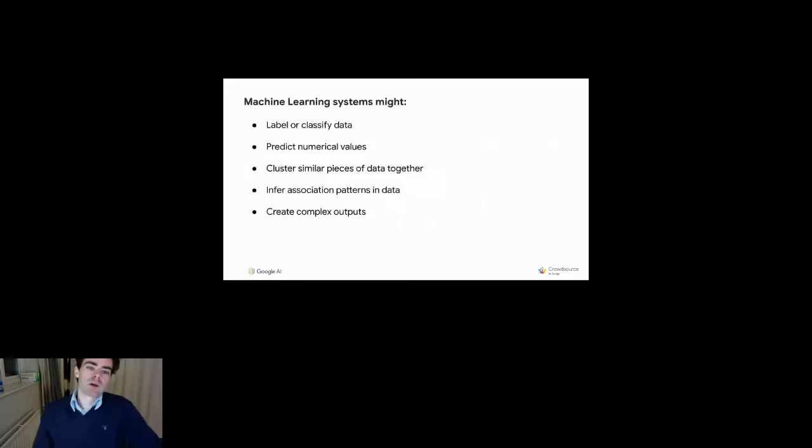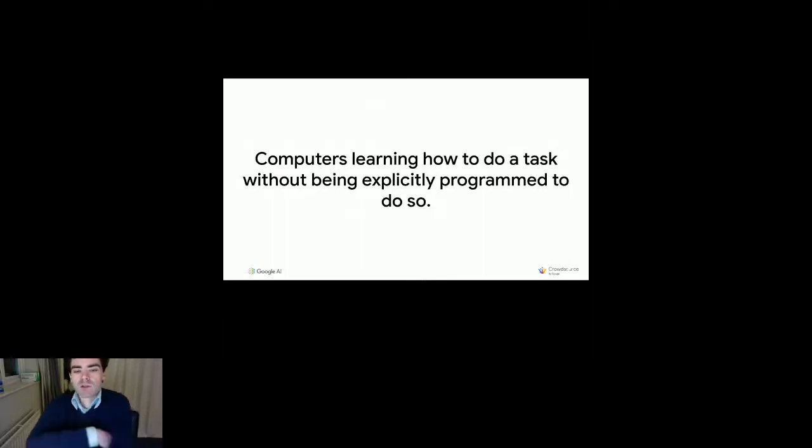Machine learning systems might, oh, sorry, we didn't read this one. Computers learning how to do a task without being explicitly programmed to do so. Right. So explicitly programmed in this sense means that from the outset, you gave it instructions of what to do in a sort of contingency, but you didn't do so in a specific manner.